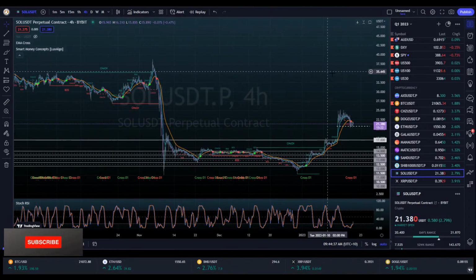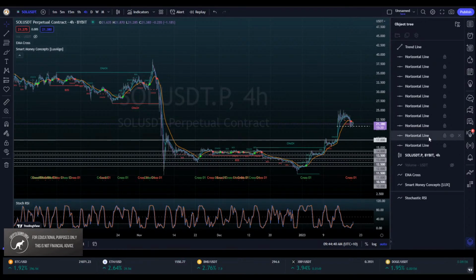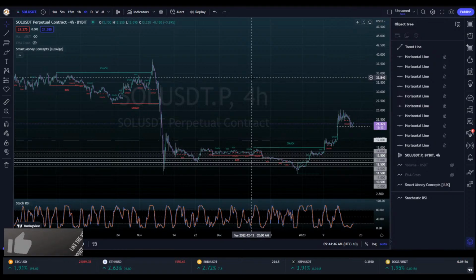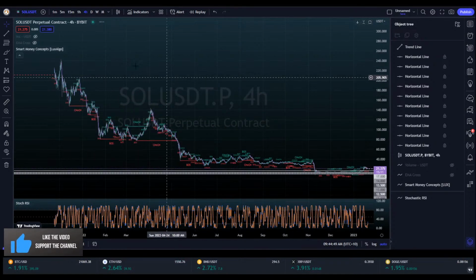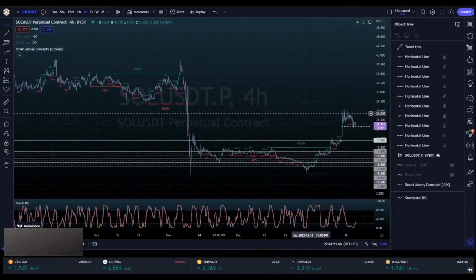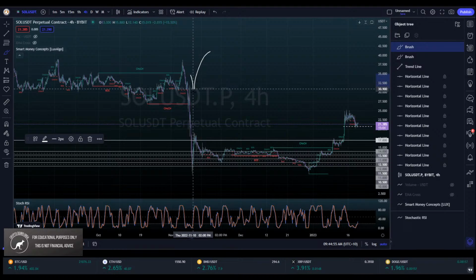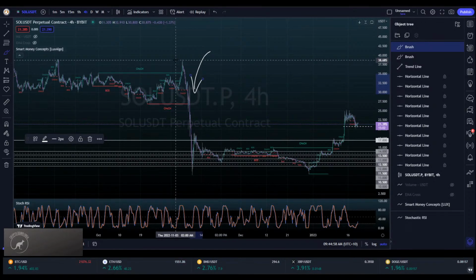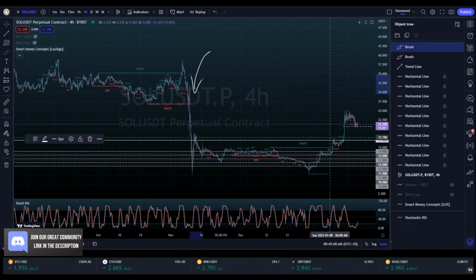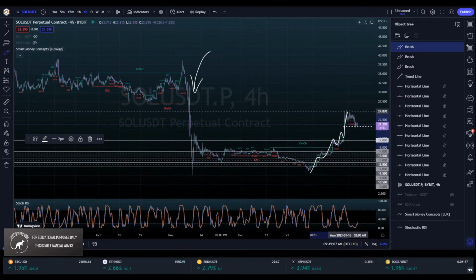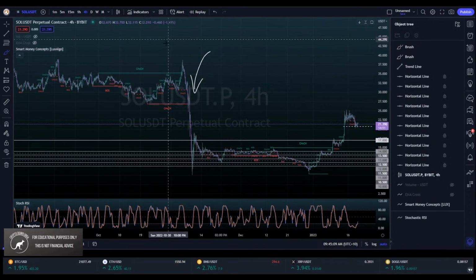But fundamentally, as a project, they haven't changed how it operates, I don't believe, anyway, unless someone can prove me otherwise. But Solana has been heavily suppressed. The people that shorted the crap out of it because of the FTX thing, which happened here and caused this massive downfall, are now getting squeezed out of those shorts. So this recovery here has been pretty nasty for the bears, suppressing Solana.